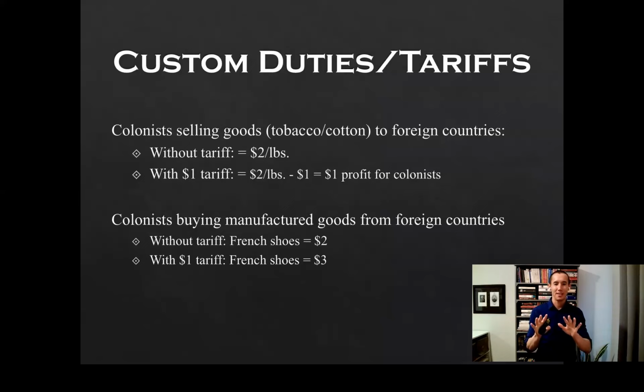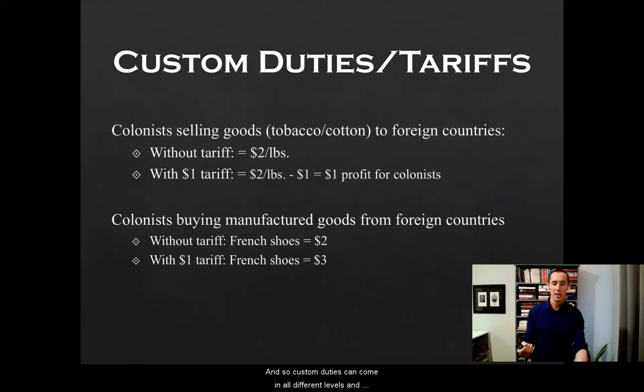The reason I'm explaining this will become clear later on when we're talking about the causes of the American Revolution. So a tax is something the government passes for one specific purpose, to raise revenue. Custom duties and tariffs, we're using those interchangeably, are different, because custom duties can be used for revenue, but they are also used to regulate trade.